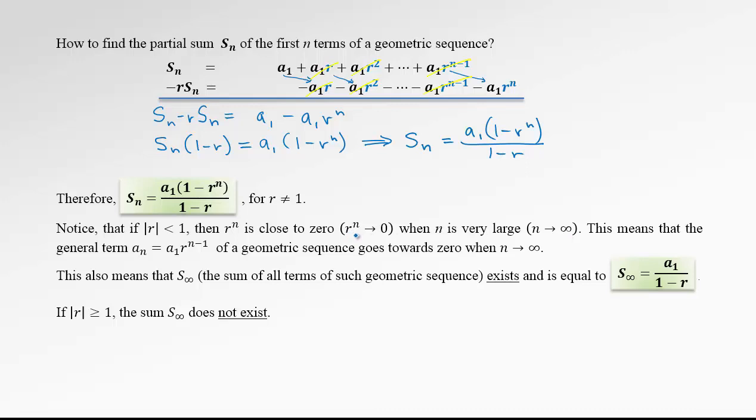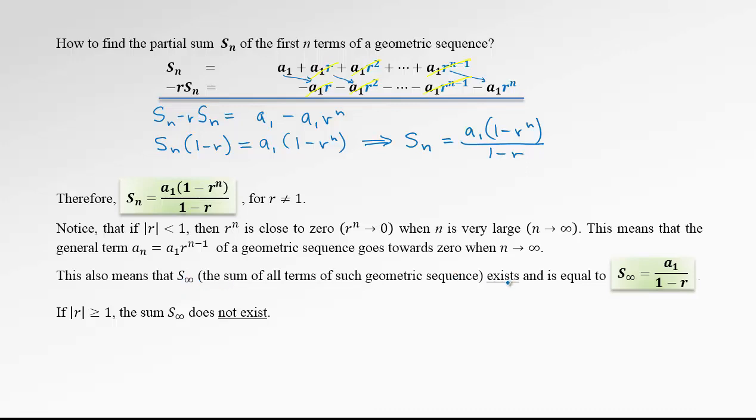What does this mean? Well, it means that in the long run, the general term of a geometric sequence with such a common ratio is going towards 0. So the general term is closer and closer to 0 when n goes towards infinity. This also means that we can calculate the infinite sum, the sum of all infinitely many terms of the sequence.